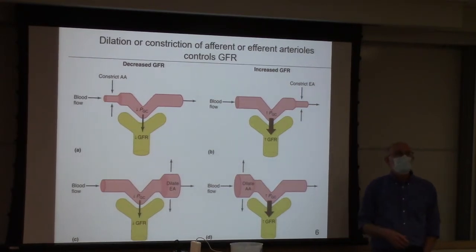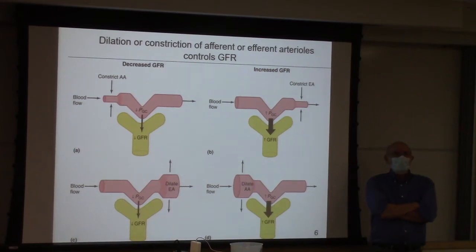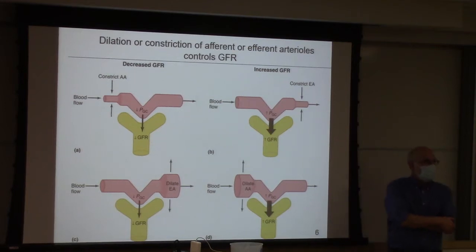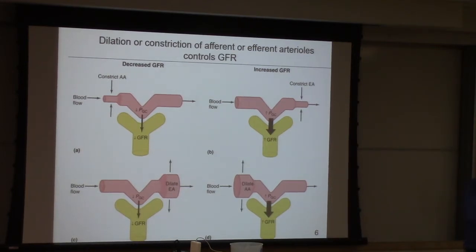Why would you want, let's just take a break for a moment, why would you want to increase your glomerular filtration rate? Under what physiological circumstances can you imagine? CJ? Maybe you're eating something that's high in whatever your body wants to get rid of, like excess salt. Okay, yeah.